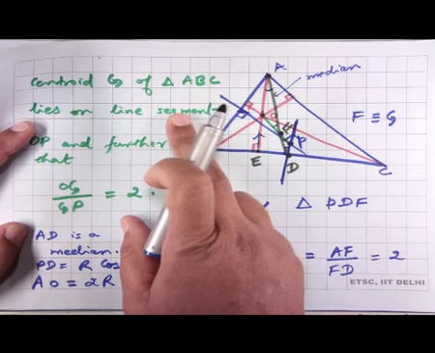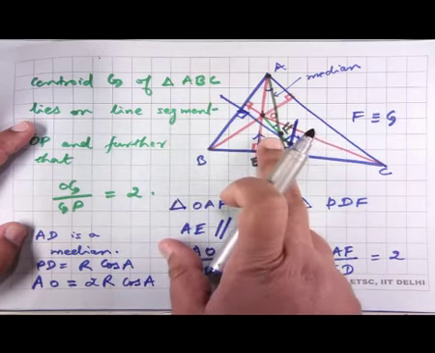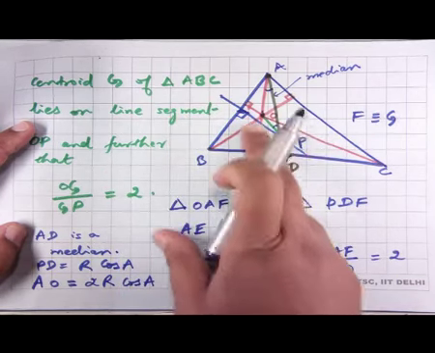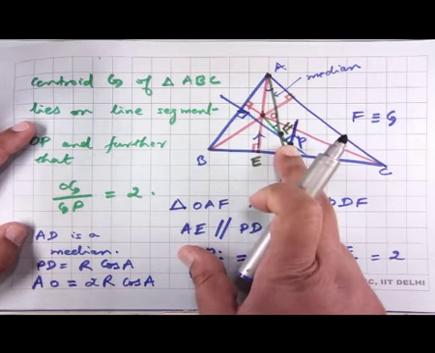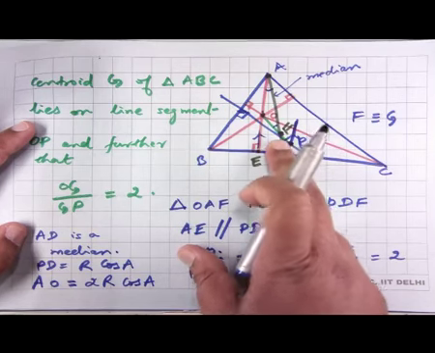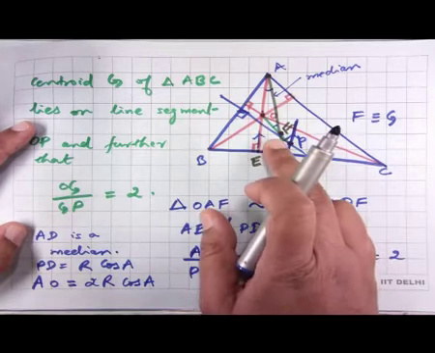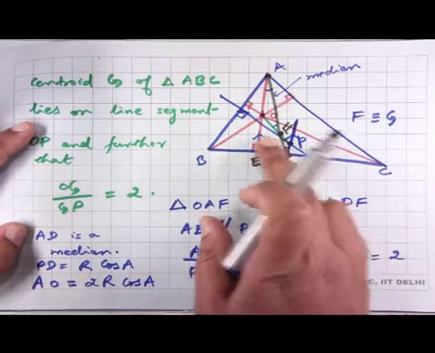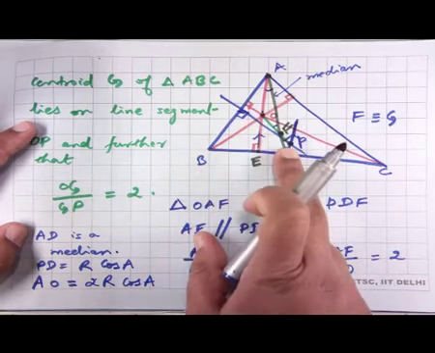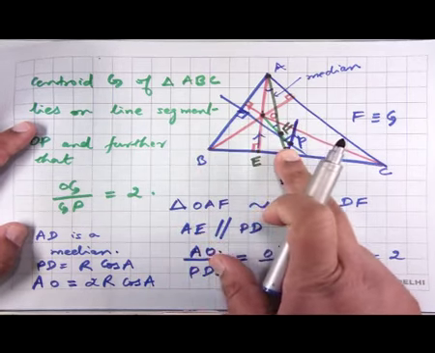This finishes the proof of the first part of the question, since F lies on this green line segment and F is nothing but the centroid of the triangle ABC. It is clear that the centroid does lie on the straight line segment joining the orthocenter and the circumcenter.